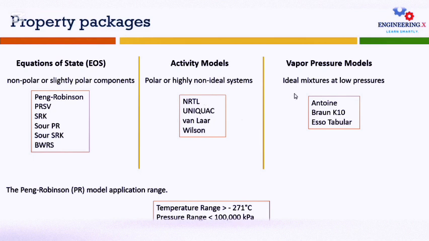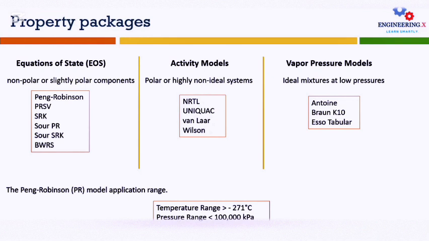If you are dealing with ideal mixtures at low pressure, you should choose a property package from the vapor pressure models like the Antoine equation. Here I want to specify one more thing, that each and every model has its specific limitations for application to a particular system, for example, temperature range and pressure range.